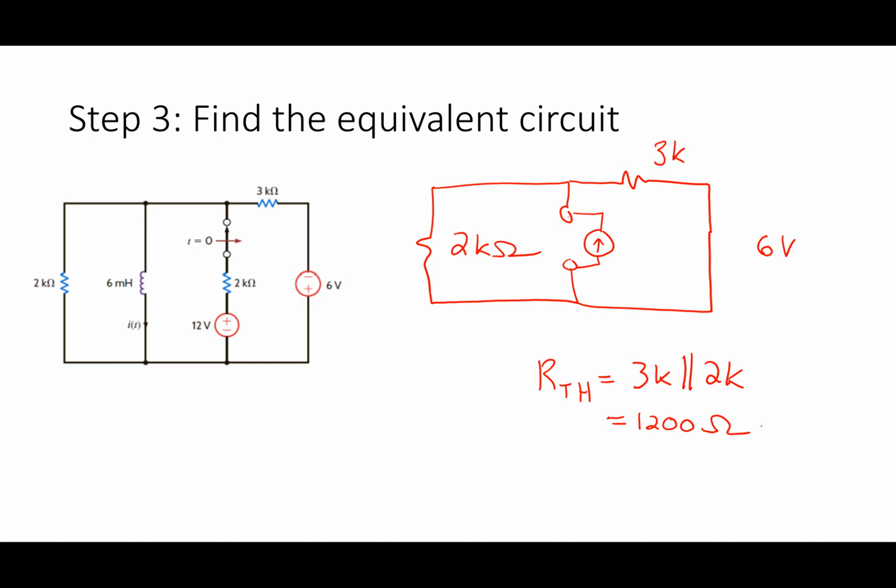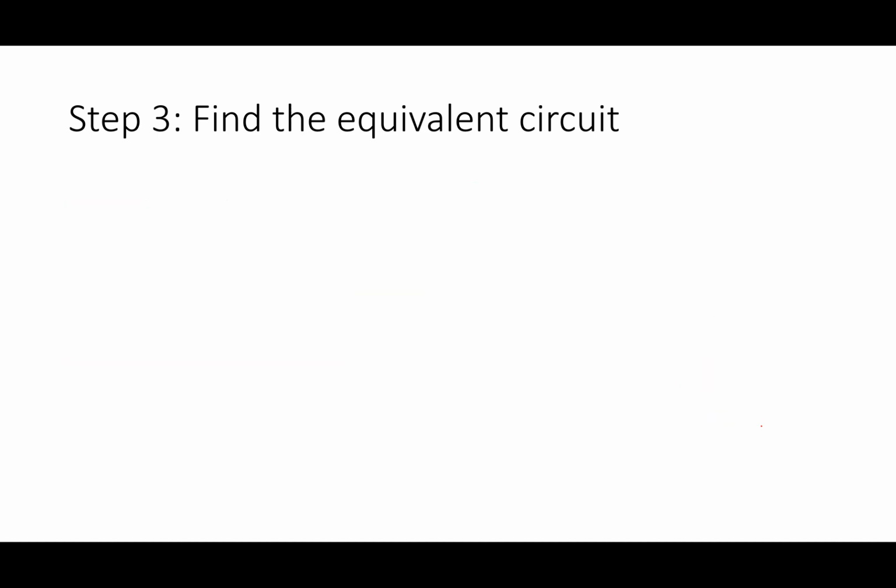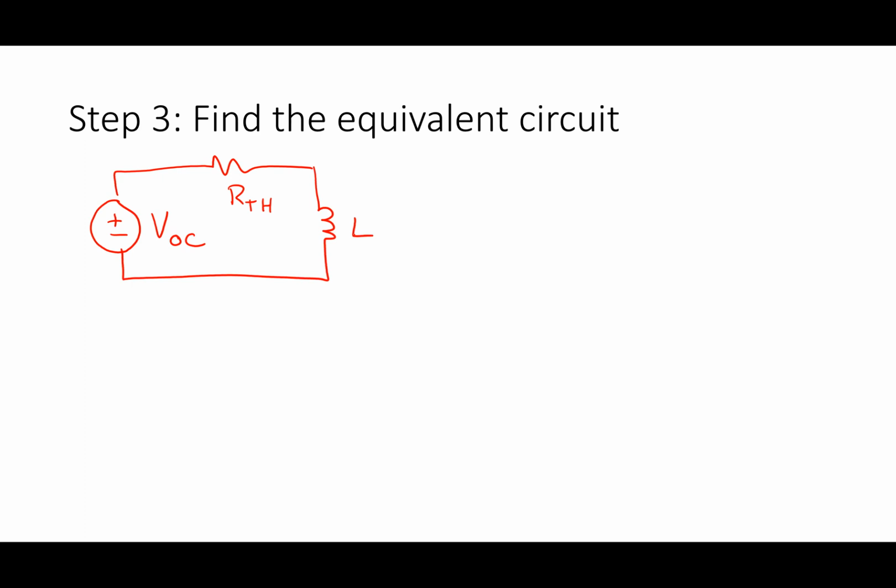At this point, I've simplified this down into an equivalent circuit where I have my VOC, my R Thevenin, and my L. And I can put in what those numbers are.